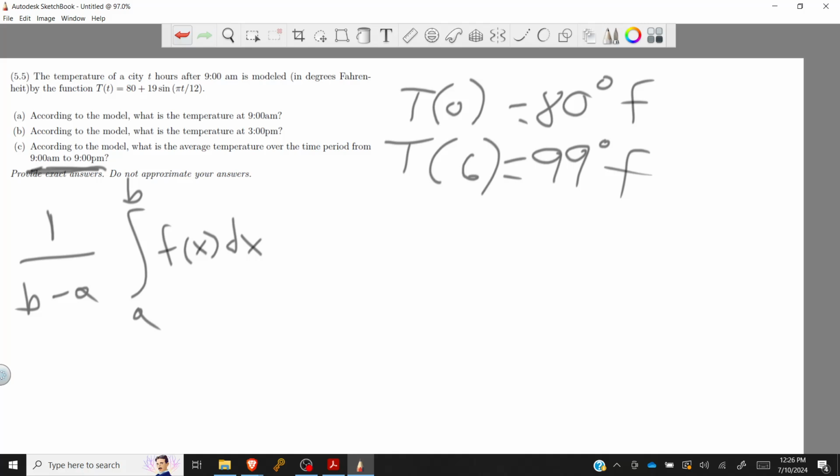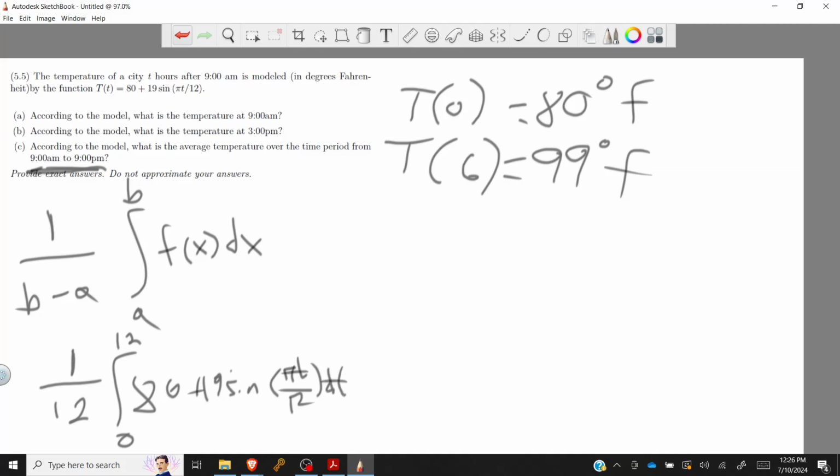Move 12 hours over, you get to 9 p.m. So this would be 1 over 12 minus 0, which is 12. And this is going to be integrating from 0 to 12 of 80 plus 19 sine pi t over 12. Since we had that happy little accident, we already know what this integral is.